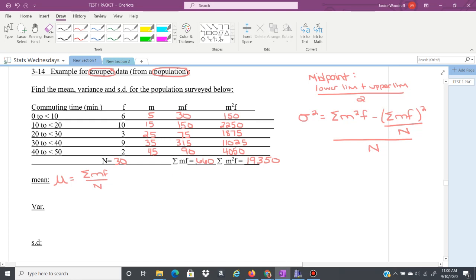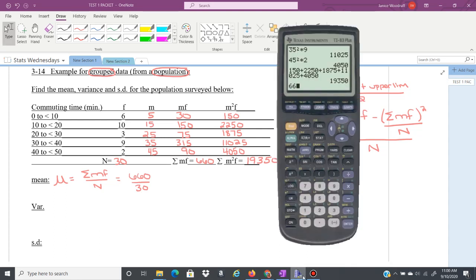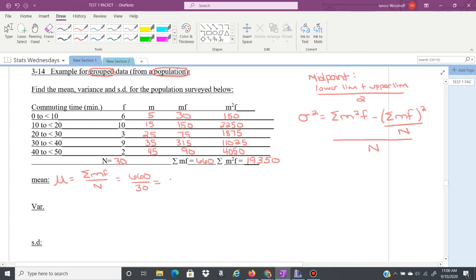So if I take this data, the sum of mf we found to be right here at 660, and my n was 30. So 660 divided by 30, 22. All right, so the average here is 22. So we can say at this company, the average employee commutes 22 minutes. Okay, that's the average time.